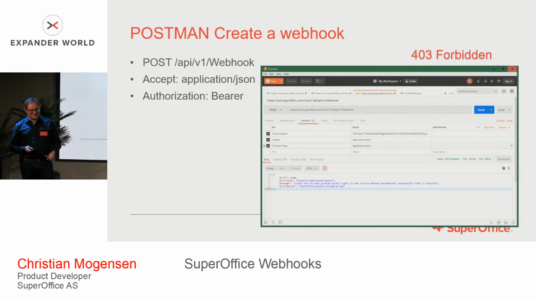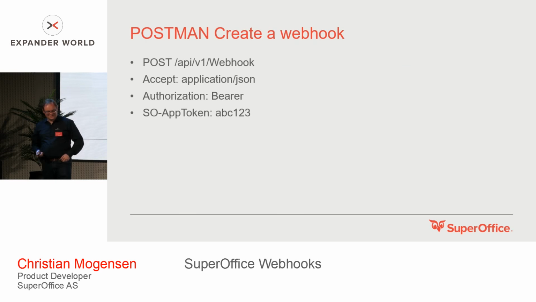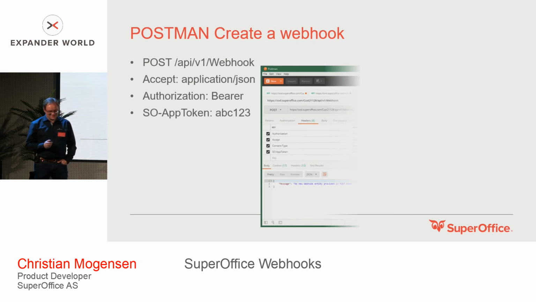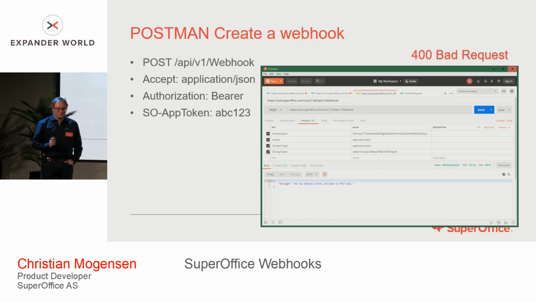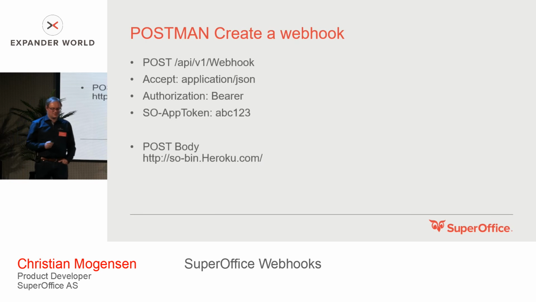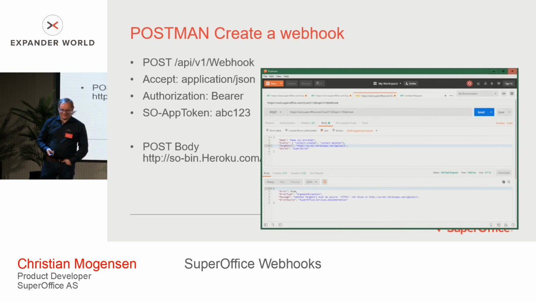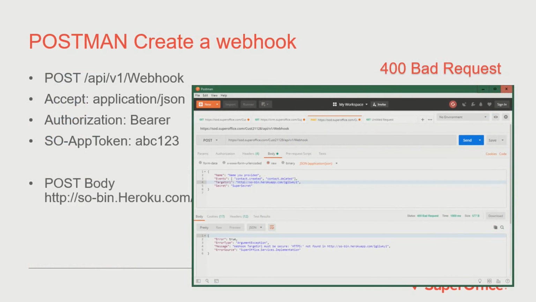If we're talking to an online site, which these screenshots are, then having a ticket is not enough. You must also have an application token. So we add that header, and then it says bad request, you must fill in the body. Okay, we'll put in the body. And then what I did, of course, was put in HTTP, and it says no, you must have HTTPS.